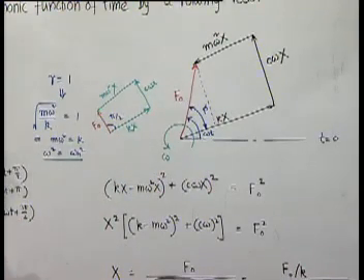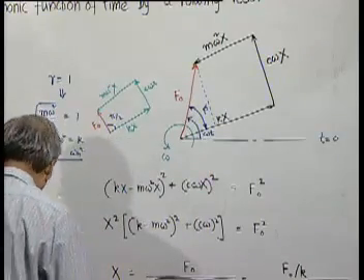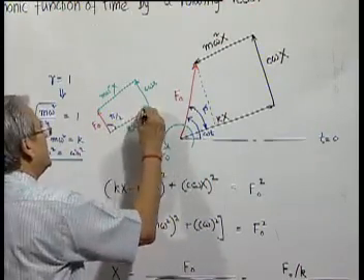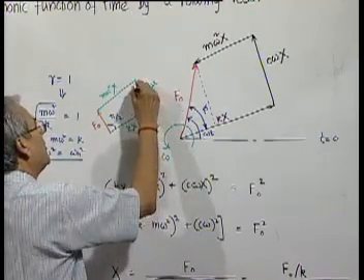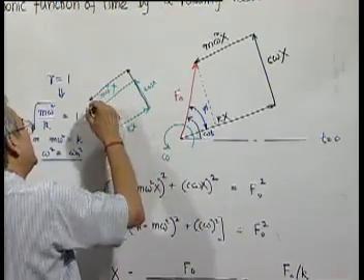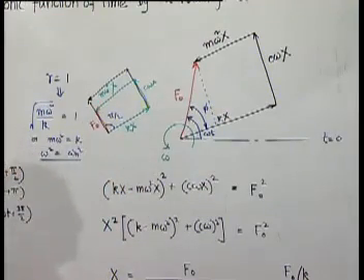Now, it is irrespective of this damping C, it could be something like this. Suppose we make a different damping, it will go here, but again the diagram is going to be a rectangle and this 90 degrees will always be there.